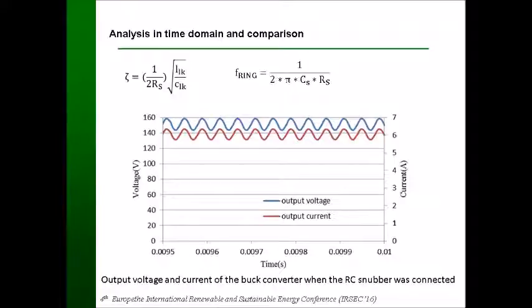Firstly, from the experiment we find the ringing frequency for the snubber circuit, and we can calculate it by using an oscilloscope. From that we know the value for the inductor and capacitor. We can find the resistor, which depends on the damping factor.